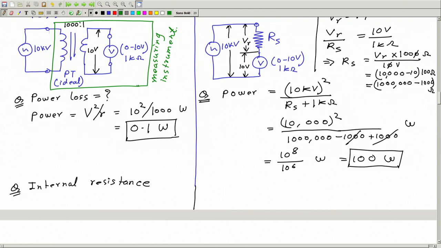Now what is the internal resistance as seen between these 2 points A and B? So this is equal to the resistance between A and B, which you can write as, if this current is I and this voltage is 10 kilovolt, the voltage by current, 10 kilovolt divided by the current I.